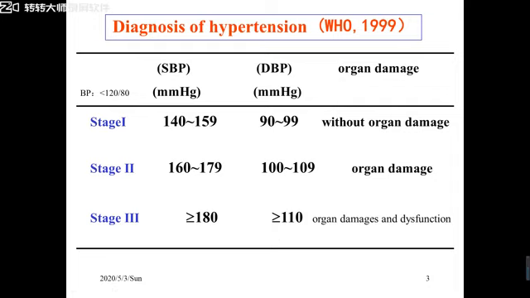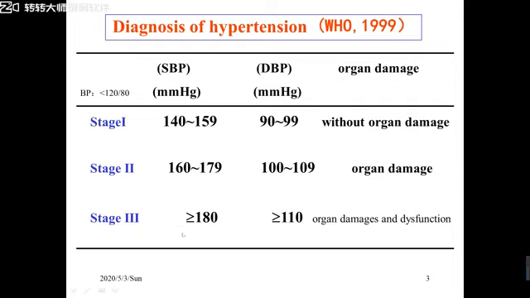During this period, it is serious hypertension. In the third stage, they have organ damage and their organ function is impaired. So we divide hypertension into three stages. They are mild, moderate, and serious hypertension.